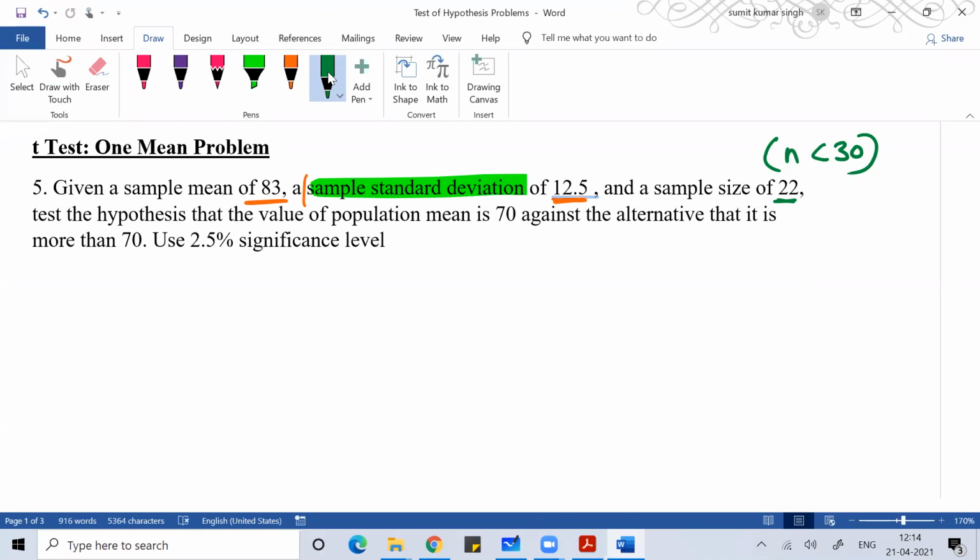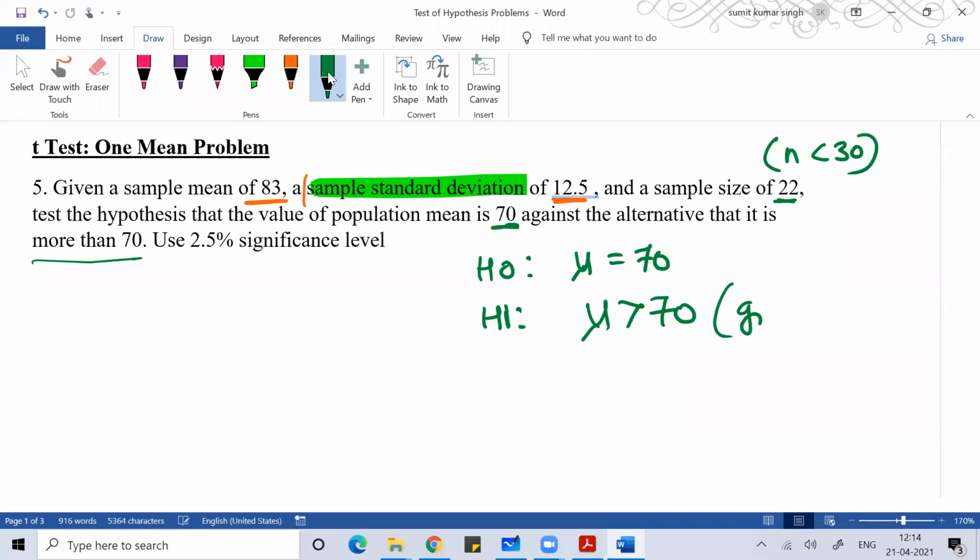So test the hypothesis that the value of population mean. Here you write H naught: mu is equal to 70. In H1, that is your alternative hypothesis, you write that it is more than 70. More than, greater than, less than, smaller, all that means one tail test. So H1: mu is greater than 70.